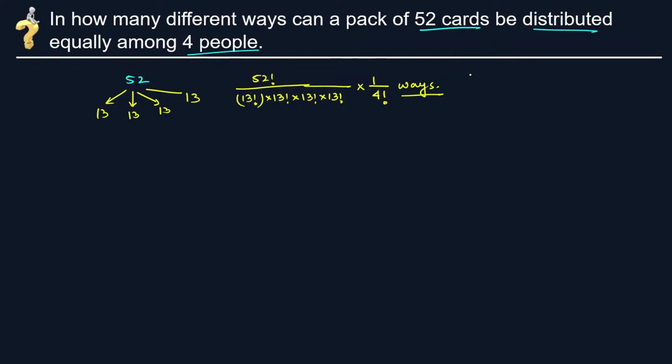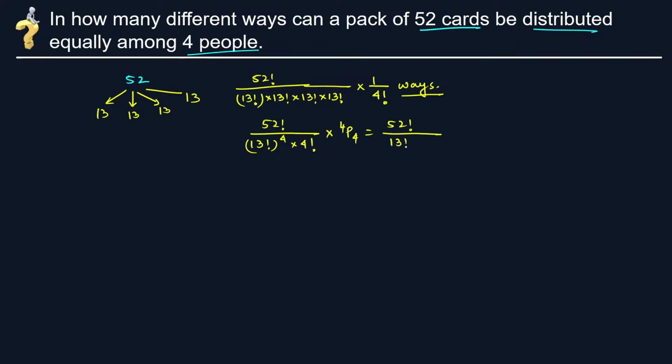Now the question is, these 4 groups are to be distributed among 4 people. So in how many different ways can you do that? Total number of ways of forming 4 groups of equal size. Now these groups have to be distributed among 4 people. So it will be 4P4, or you can say it is factorial 4.